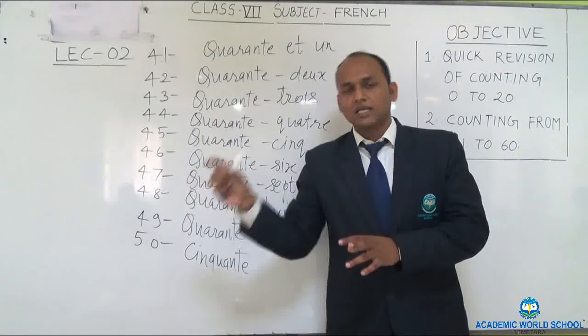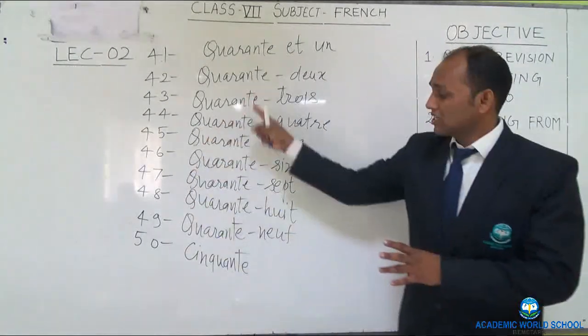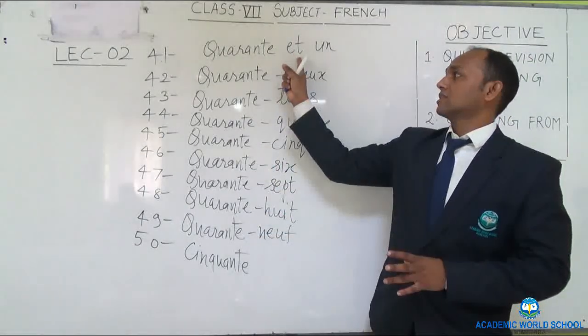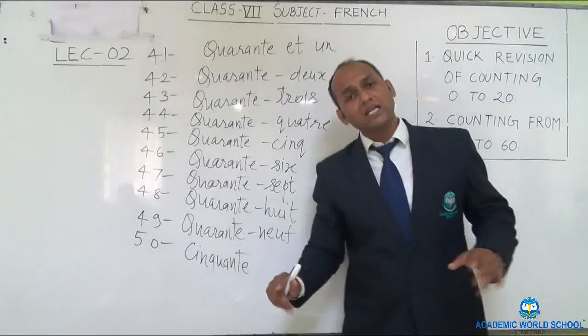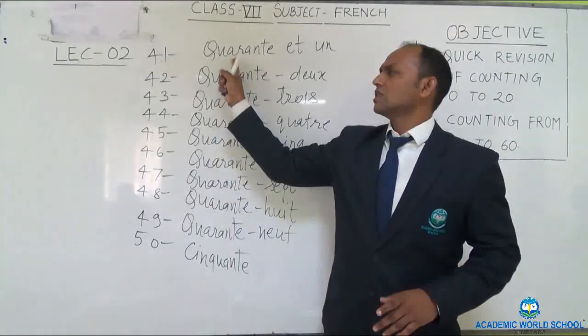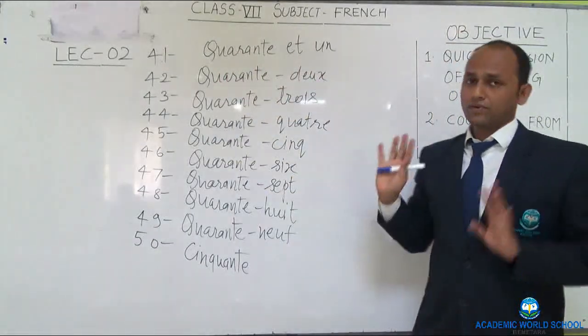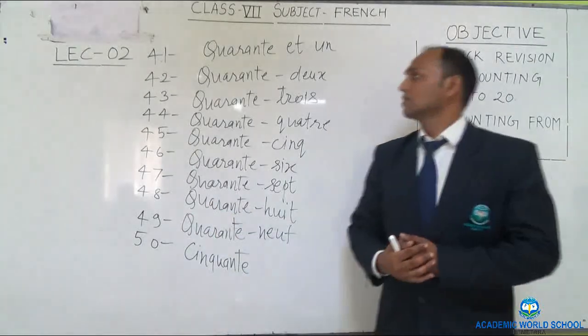Same pattern, exactly the same, and thereafter remaining till 9. You need to learn just one spelling here, 40, and from 1 to 9 you can do like this. So let's do the pronunciation part.